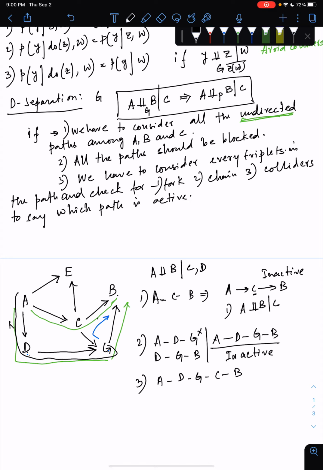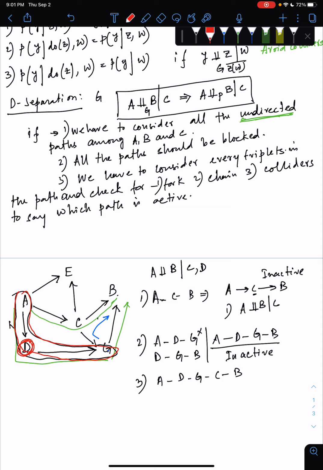This particular triplet is a chain, and we are conditioning on the middle node D, which makes this path inactive.